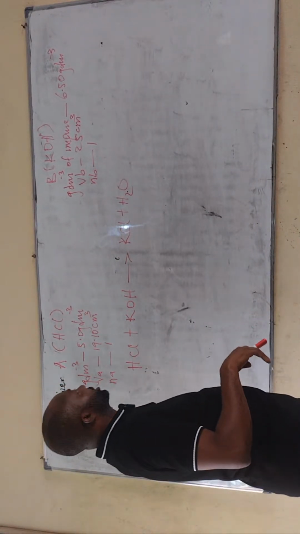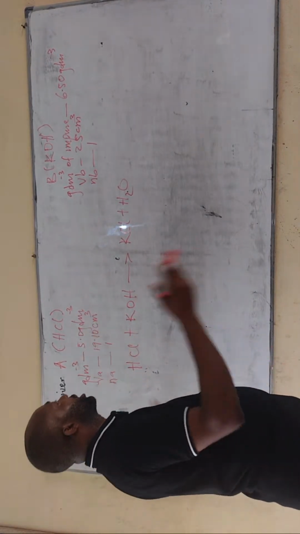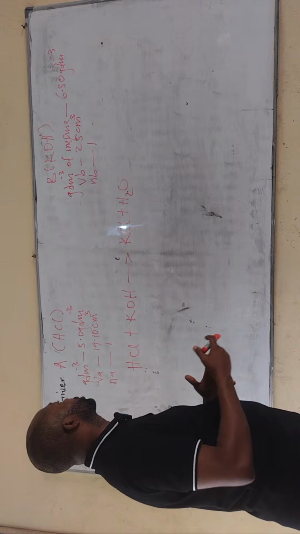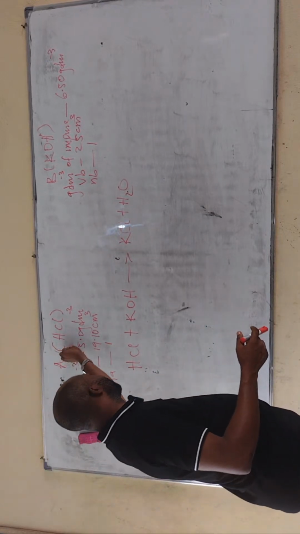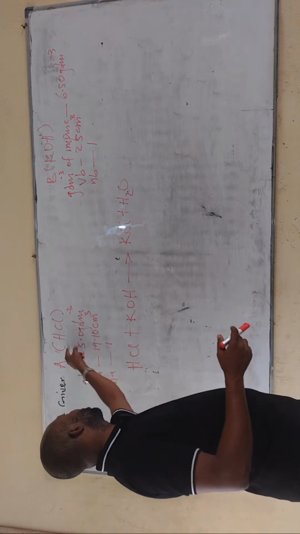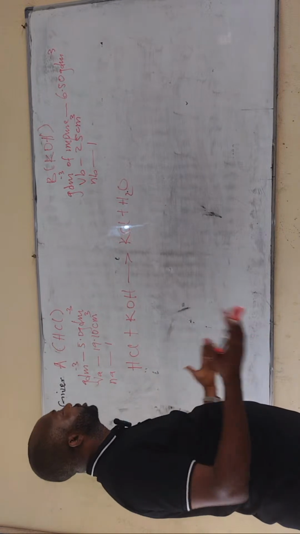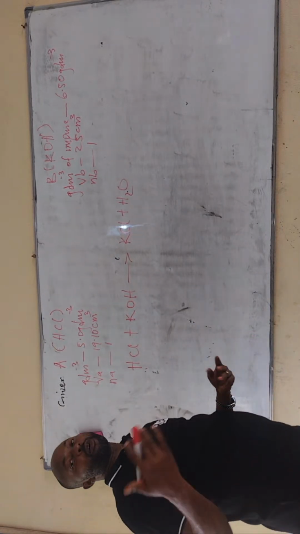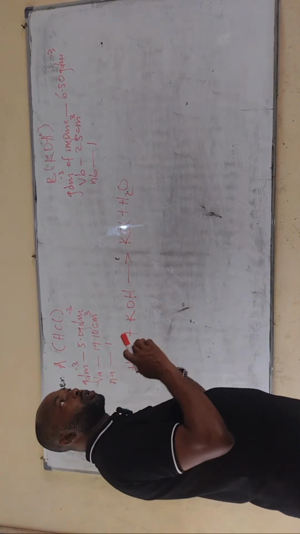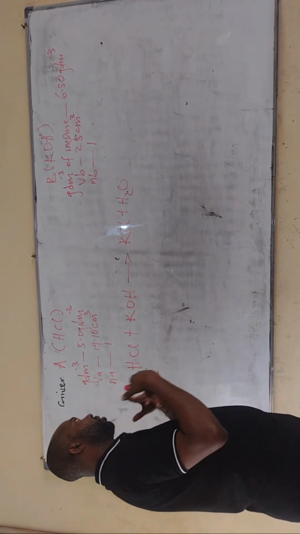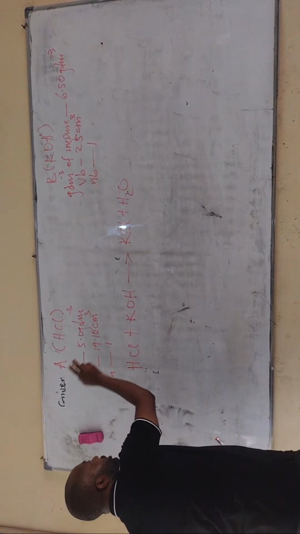When we use amount over volume, we still can't, because no amount is given. So the only one we can make use of is mass concentration over relative molecular mass of A. The mass concentration is given, and the relative molecular mass can be determined. In the course of solving questions on this, knowing one formula will not help. You have to know all the formulas associated with one variable, concentration or amount or relative molecular mass and so on. So let us solve that.